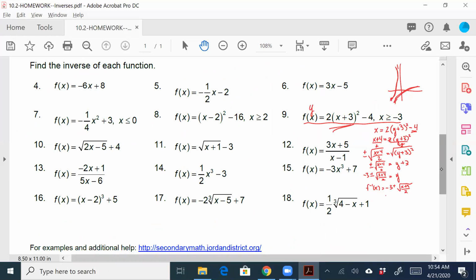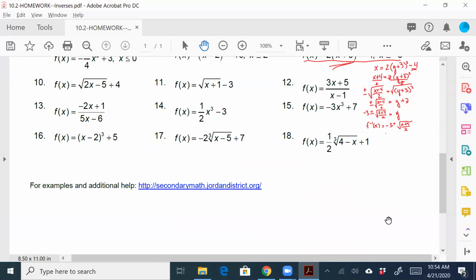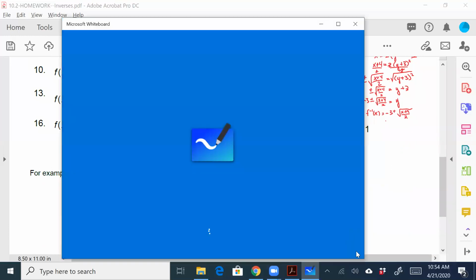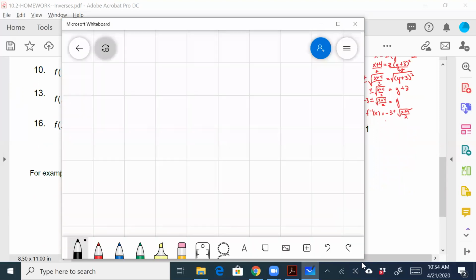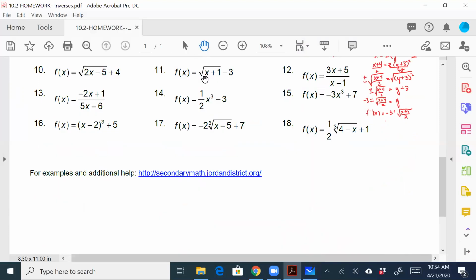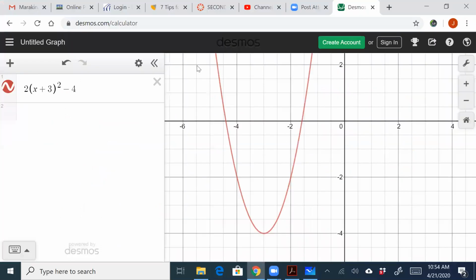Let's look at number 12. I'm gonna pull up a different place to work on that. Do you want me to do the whole homework, or do you want me to do the odds? That's a good question. Did I specify that it was just the odds? Yeah, I think you specified the odds.